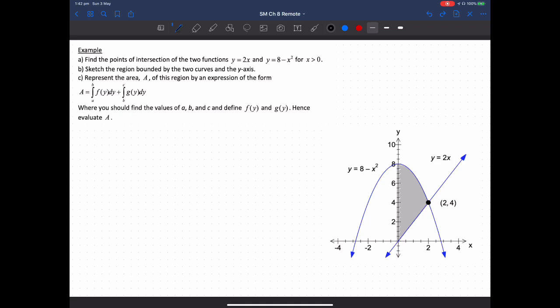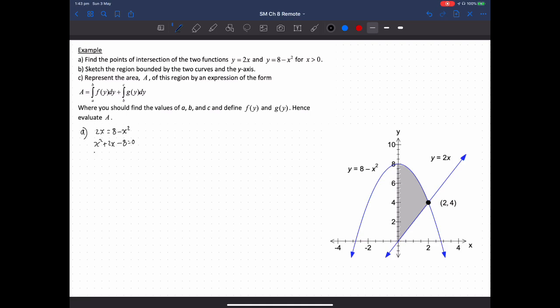So for part A, we want to find when the two graphs equal each other, that is, when 2x is equal to 8 minus x squared. Taking everything to one side of the equation, we get x squared plus 2x minus 8 equals 0.